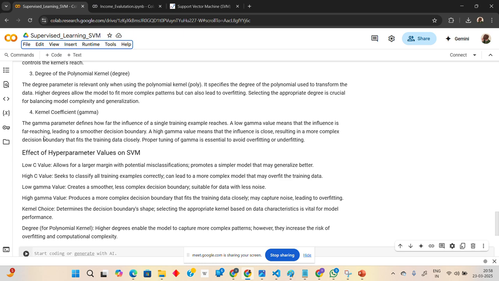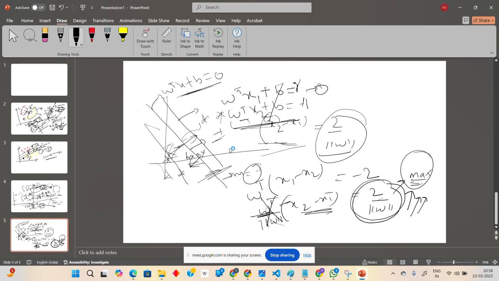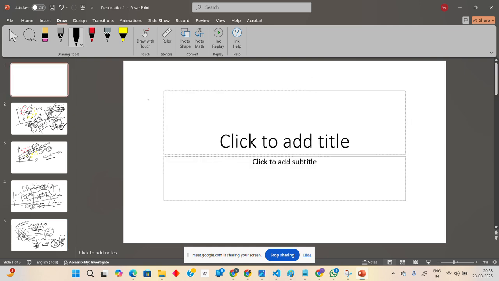Then gamma is important. Let me show you here. If the data points are like this, I will take a new slide.